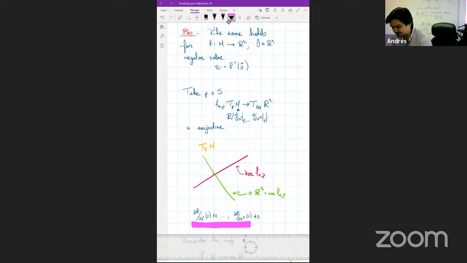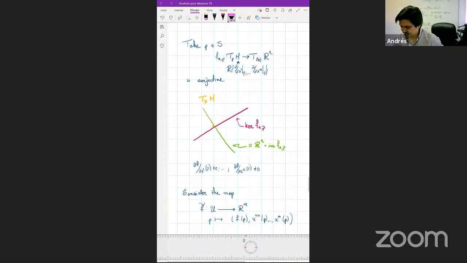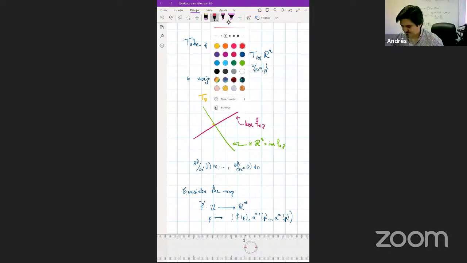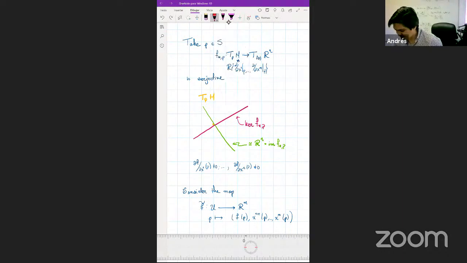Okay? This is the map that you take now. This is in Rn. And then you have the other entries.